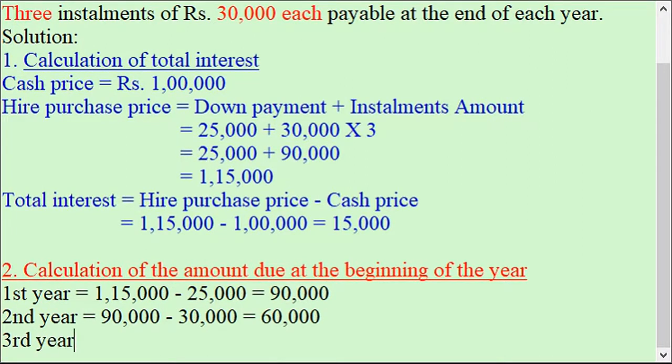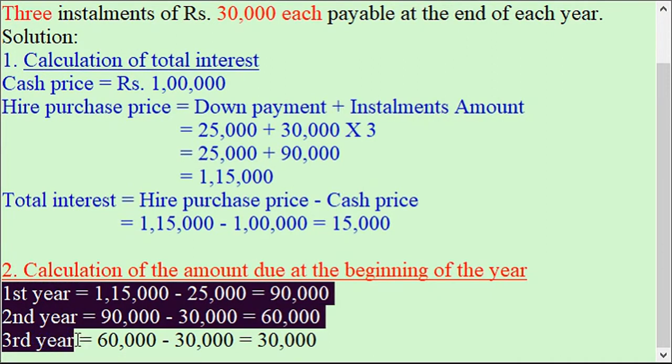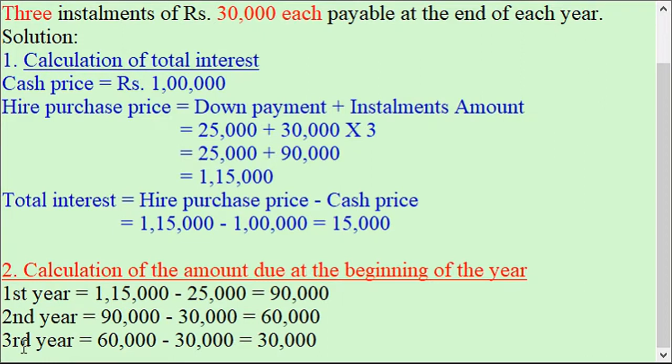Similarly, third year beginning: you have 60,000 minus the second installment of 30,000. So due amount is 30,000 at the beginning of third year. Please keep in mind that we are calculating the amount due at the beginning of first year, second year, third year, not at the end. Therefore, I have taken here down payment, first installment, second installment.